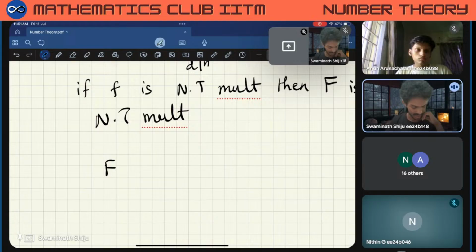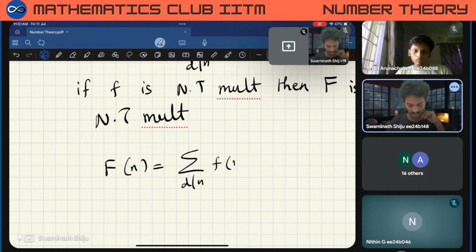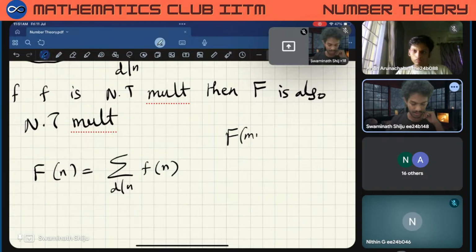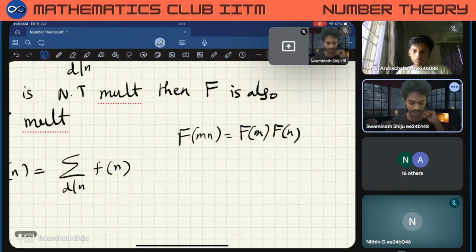So we have capital F of n equal to the sum over d dividing n of f of d. What we want to prove is F of mn is equal to F of m times F of n. So we'll attack it from this side.